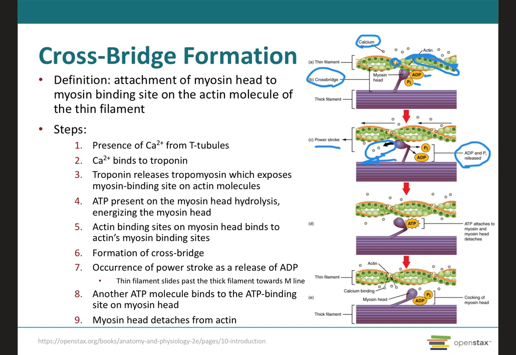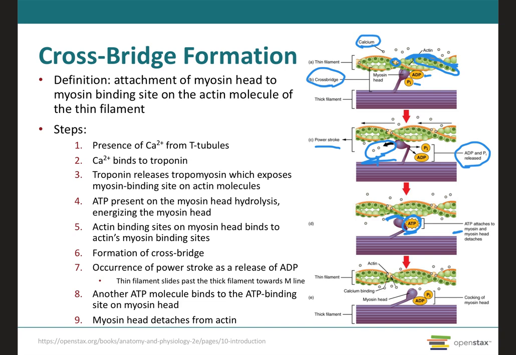will remain firmly attached to the actin until it binds another molecule of ATP. So ATP will bind to the ATP binding site on the myosin head, and the myosin head will then be able to detach from actin. So the detachment only occurs when you have another molecule of ATP arriving.